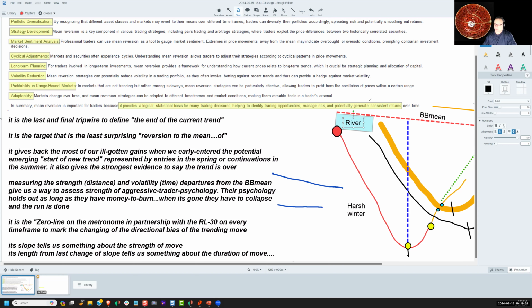I'm just going to treat the river and the center of it as the slow moving. So if that's the river, this is an SMA 30, and then this is the plus or minus 1 Bollinger Band on the look back period, and we're going to call that the river.